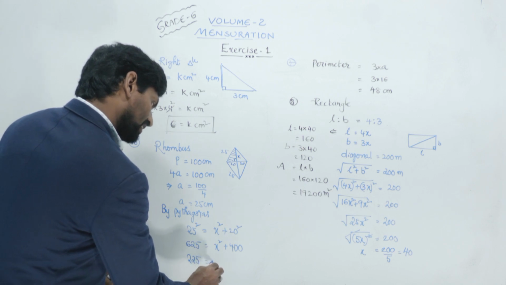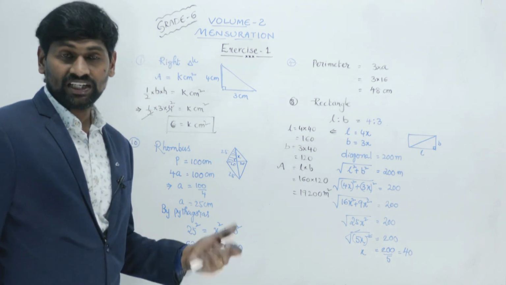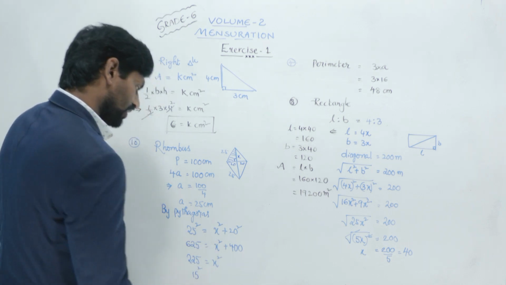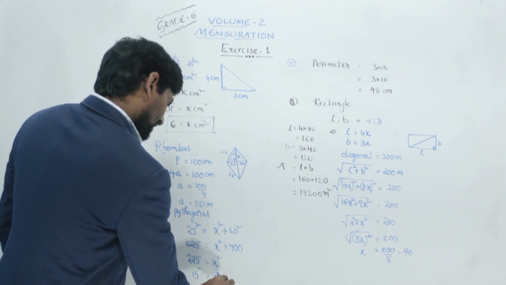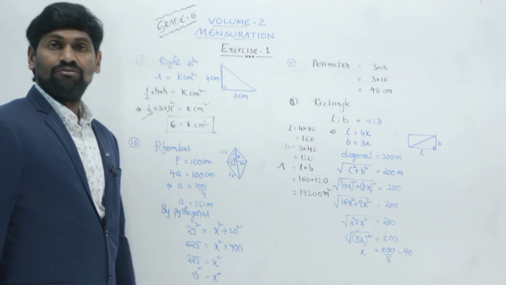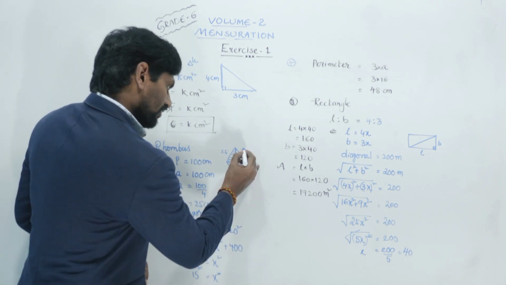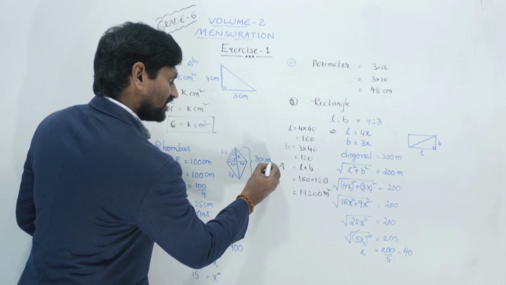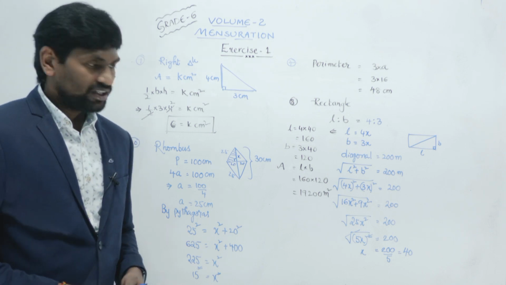After doing the subtraction, I got that x square value is 225, but I know that 225 is nothing but 15 square. 15 15s are 225. So from this I got x value 15. That means half of the diagonal is 15. So therefore the total length of second diagonal is 15 plus 15, which is 30 centimeters.